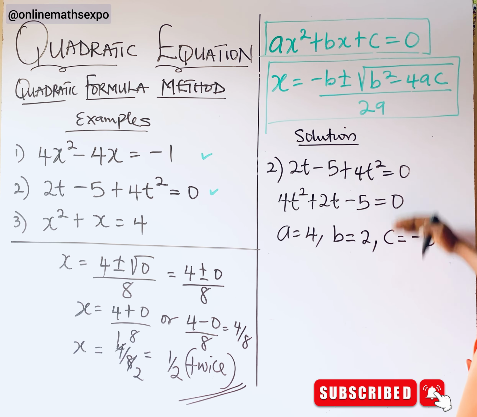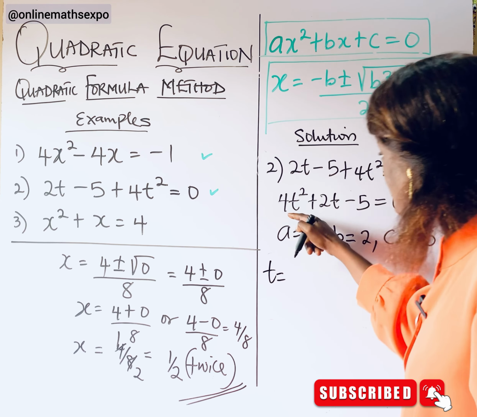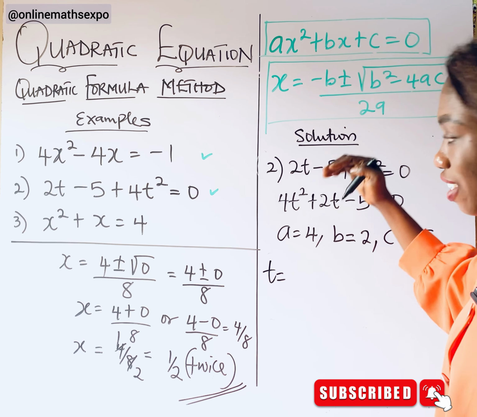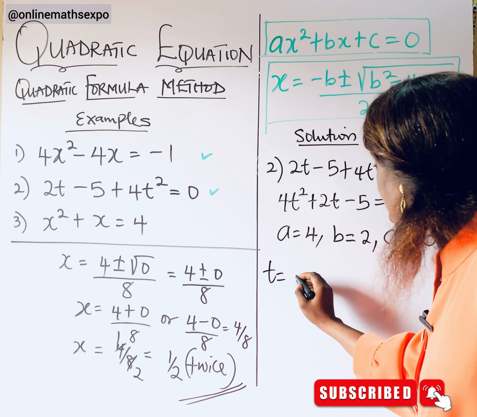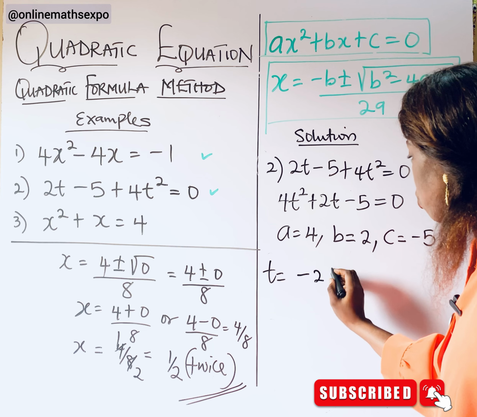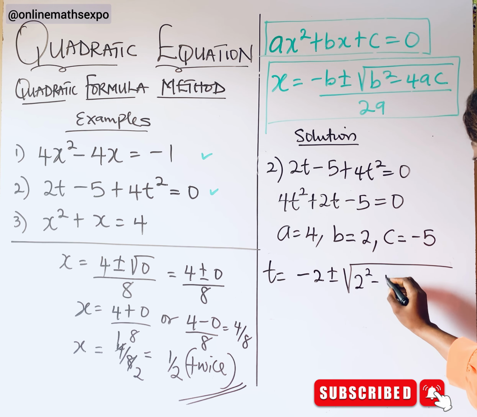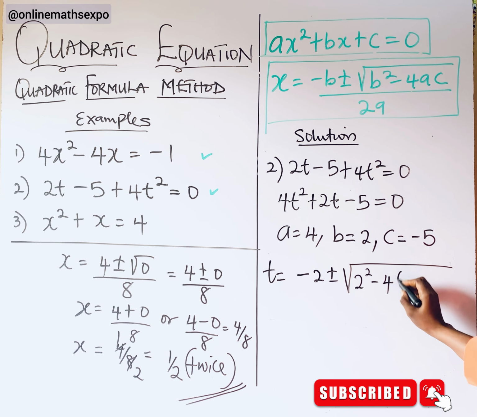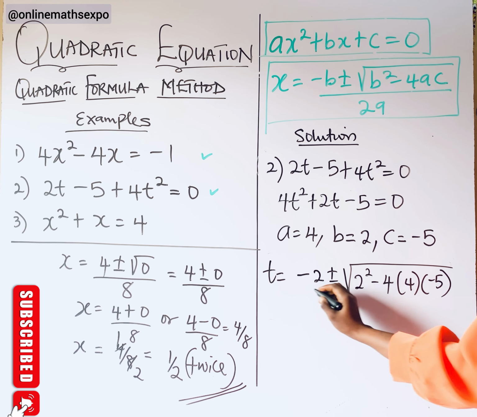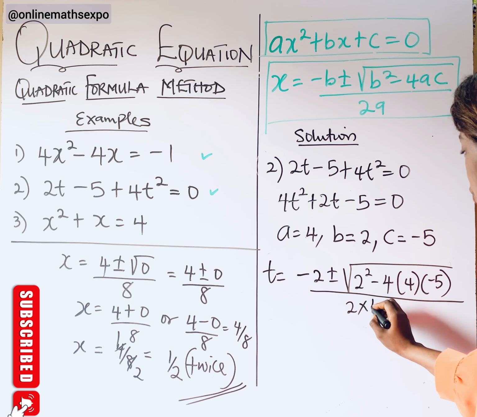So plug this into the formula. You're not going to write x now, you replace it with t, because this is for t and not for x. So t is negative b, and your b is 2, so we have -2 plus or minus the square root of b squared, which is 2 squared, minus 4 times a, which is 4, times c, which is -5, all over 2 times a, which is 4.